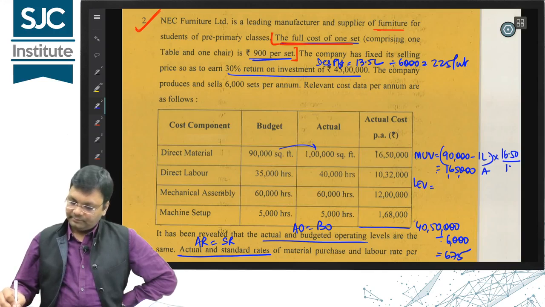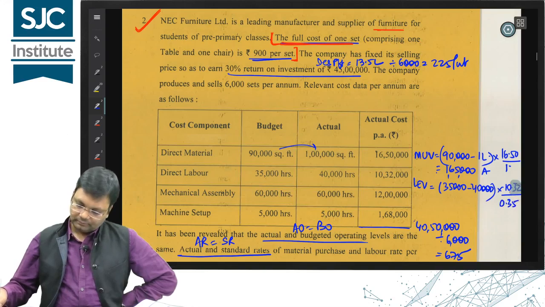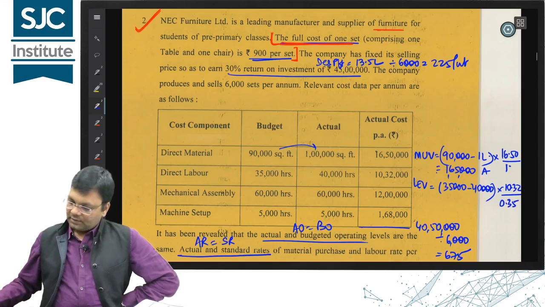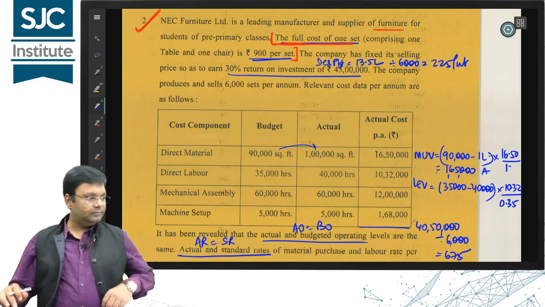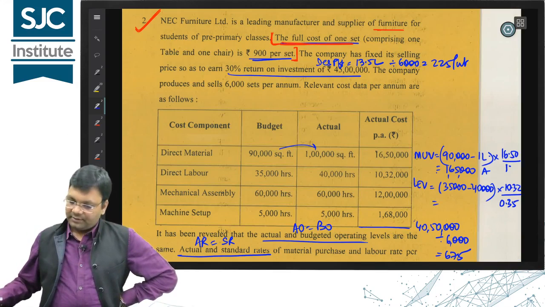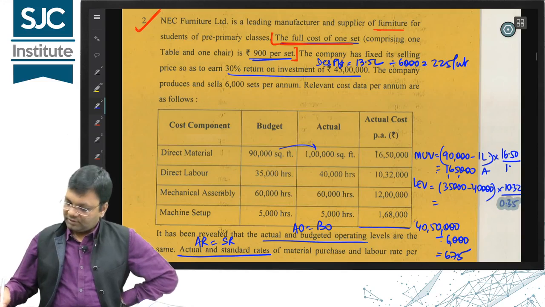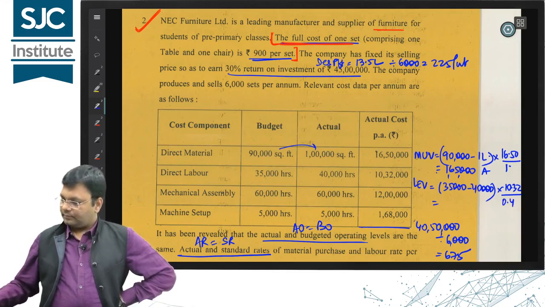and LEV will be same way, 35,000 minus 40,000 into 10.32 divided by 40,000, my mistake. 35,000 minus 40,000 into 10.32 divided by 0.4.